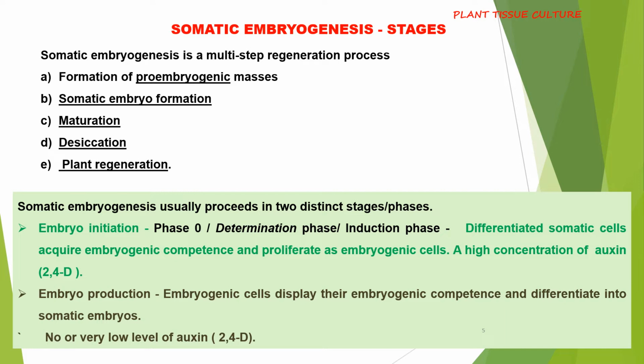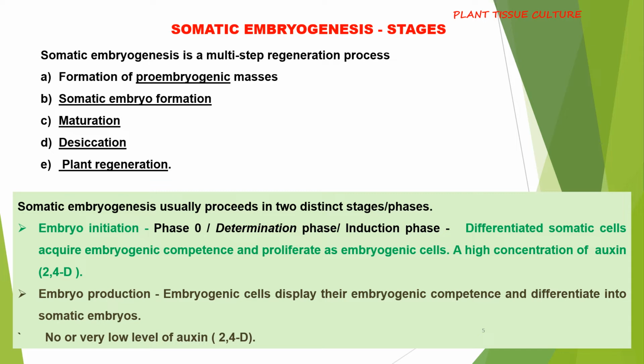Desiccation tolerance is one of the most important properties of a seed, acquired during seed development, basically late seed development. It enables the seeds to survive during storage and environmental stress.